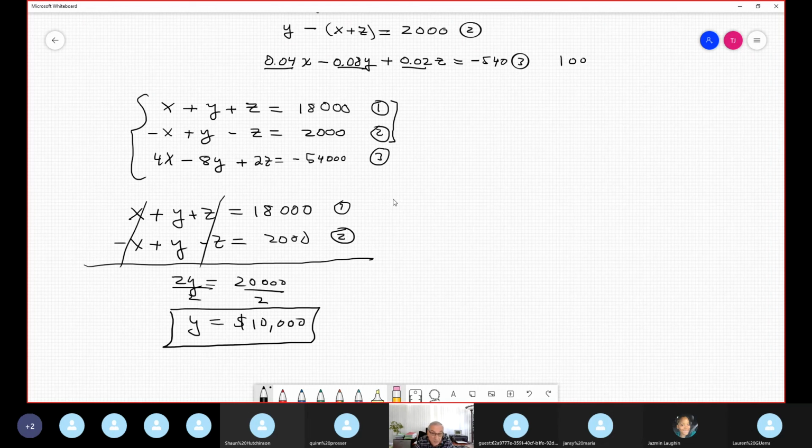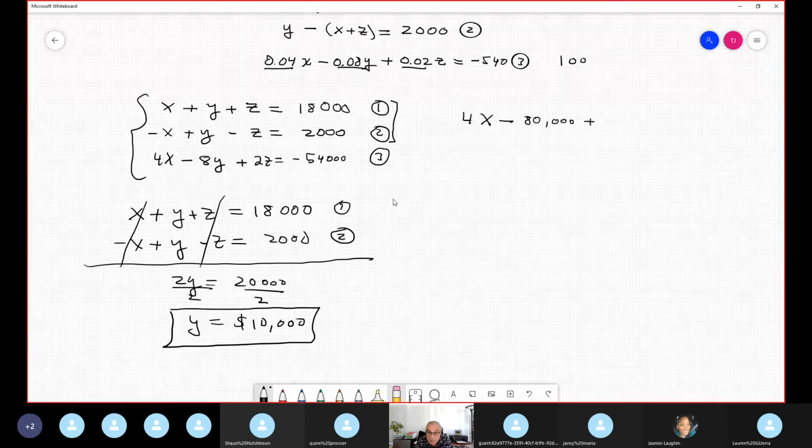Okay, it's 4x minus 8 multiplied by y, which is 80,000, plus 2z equals negative 54,000.